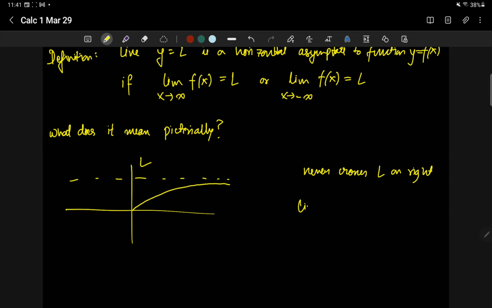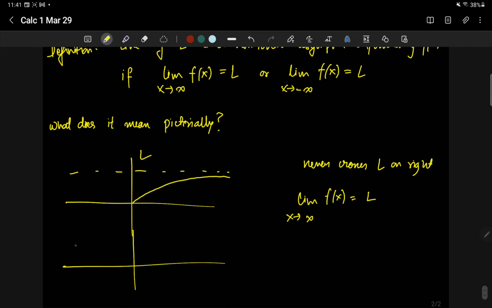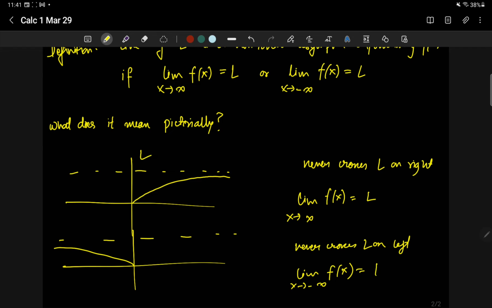So this would be an example where the limit as x goes to positive infinity of the function is L. You could also have an example like that. Never crosses L on the left. So the limit as x goes to negative infinity of f of x equals L.